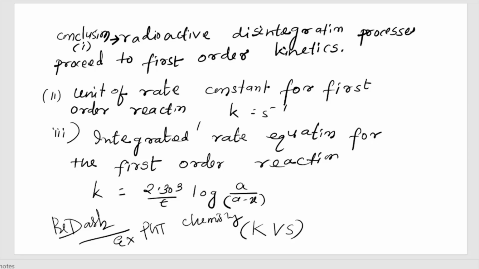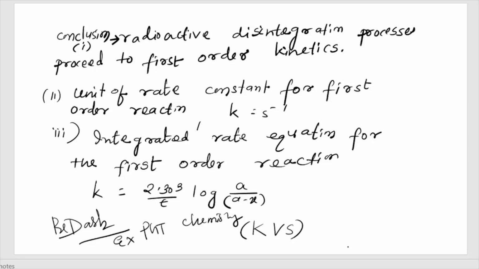Radioactive disintegration, though before it was in the syllabus as nuclear chemistry, but now it is only simple knowledge you should acquire. Radioactive disintegration follows first order kinetics. That means the process always proceeds in first order kinetics. The unit of the rate constant for first order is s to the power minus 1. All the units of rate constants you will learn in an advanced video.